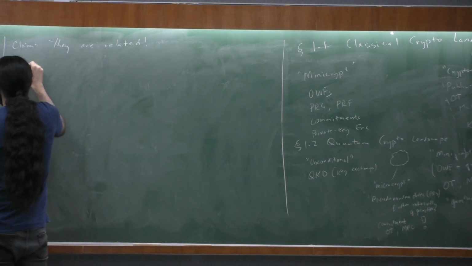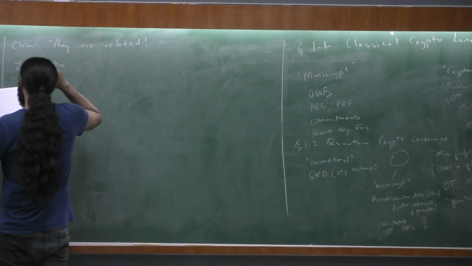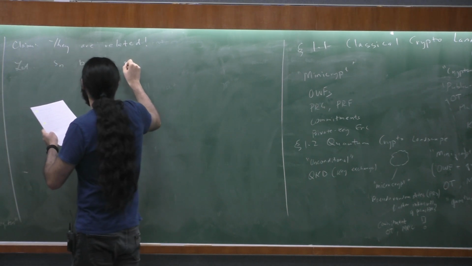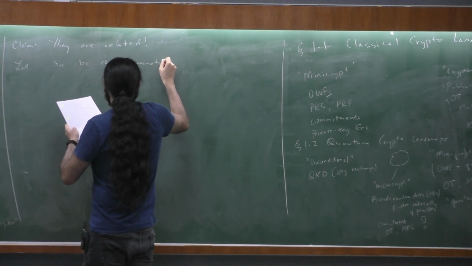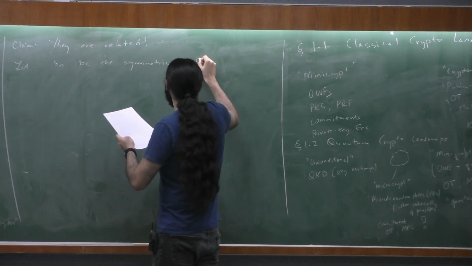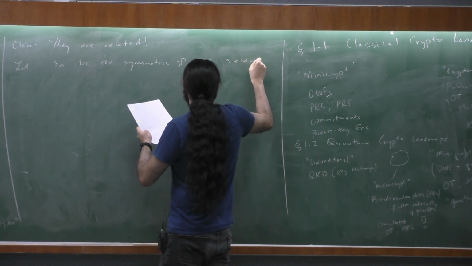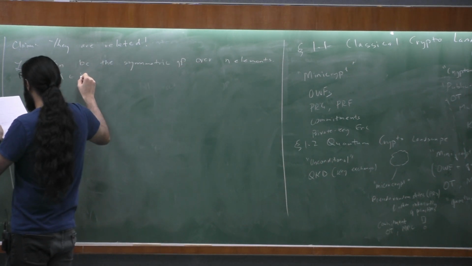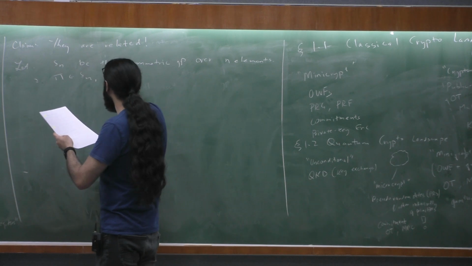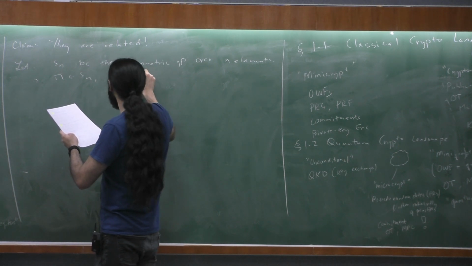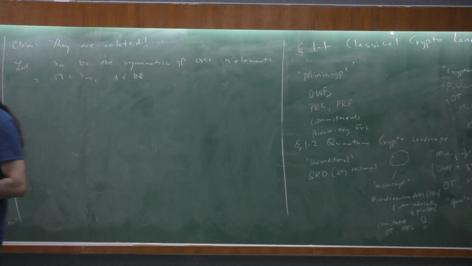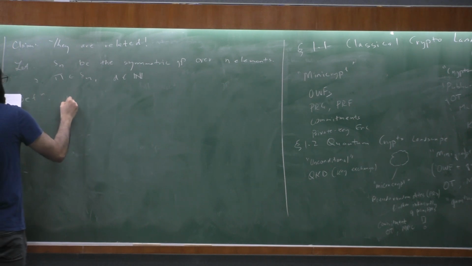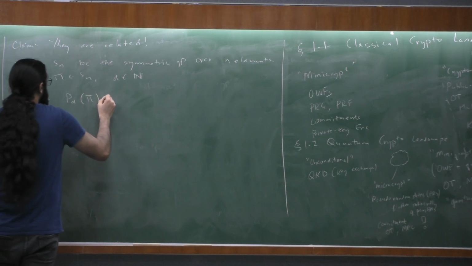Okay, so let Sn be the symmetric group over n elements. So let pi be in Sn and d be some natural number. Good. And then we're going to define P sub d of pi as follows.